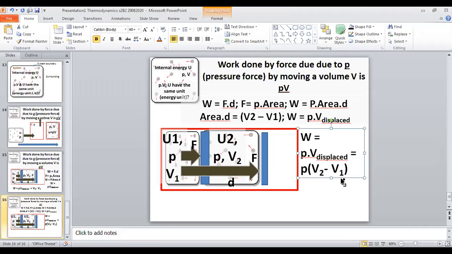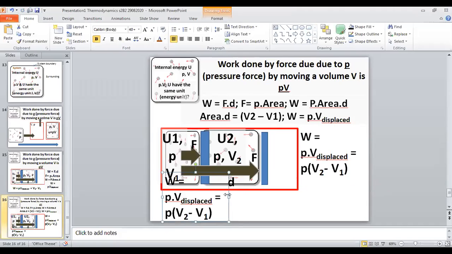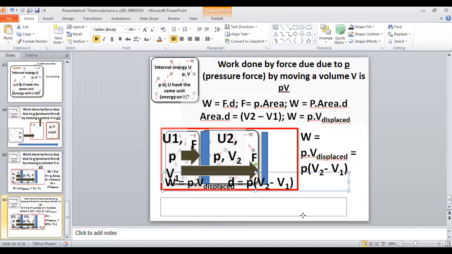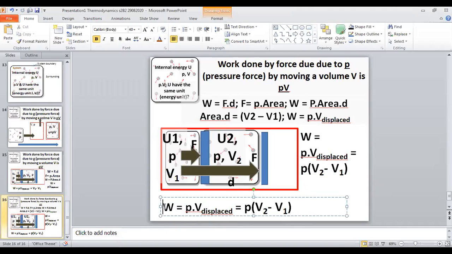Then I will look into the energy within the system. Initially this has U1. From that U1 some work is done. Okay? And there is a balance of energy U2, because from U1 work is done.